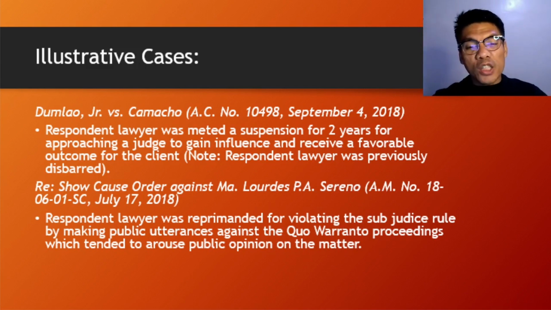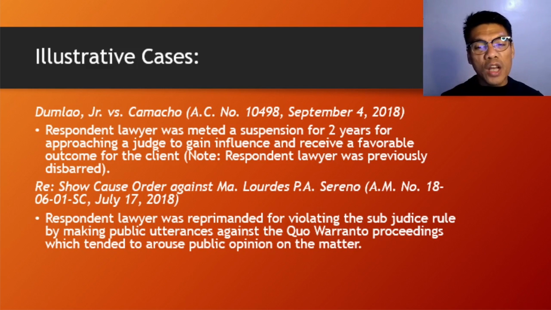So first is Dumlao Jr. versus Camacho. Here, the respondent lawyer was meted a suspension of 2 years for approaching a judge to gain influence and receive a favorable outcome for the client. The suspension was just 2 years, but the Supreme Court noted that while the case was pending, in another case, Attorney Camacho was ordered disbarred for a more serious offense.